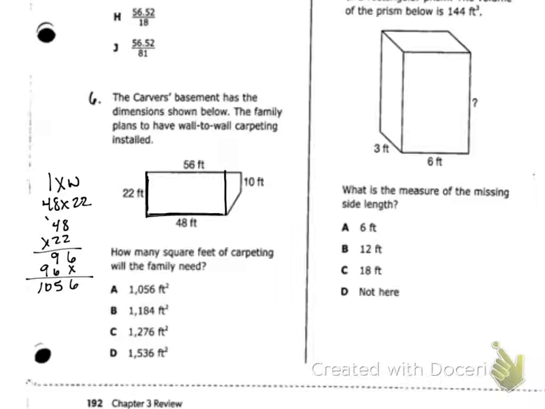Now we have to work the trapezoid. So the formula for area of a trapezoid is A equals B1 plus B2. Sorry, that is not right. A equals 1/2 (B1 plus B2) times H. All right, that's the correct formula.